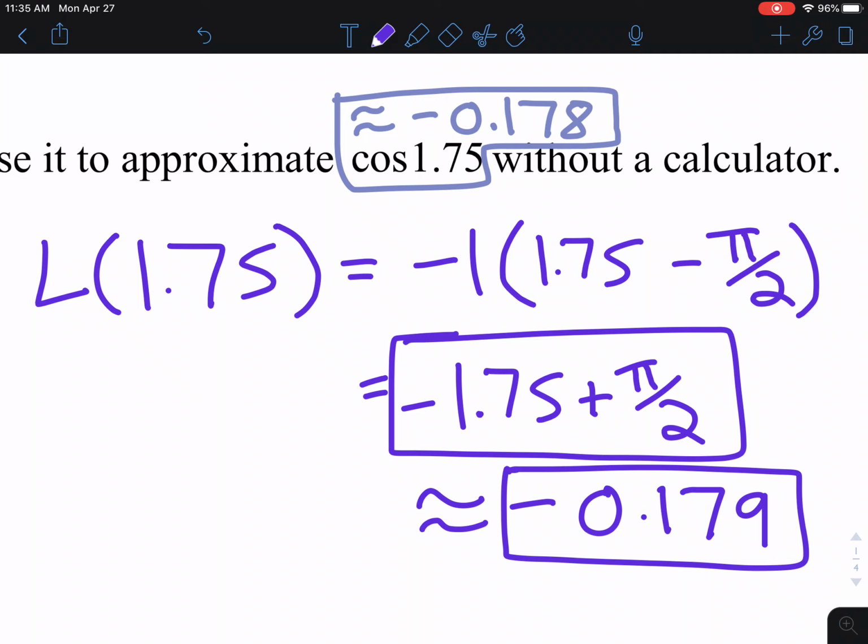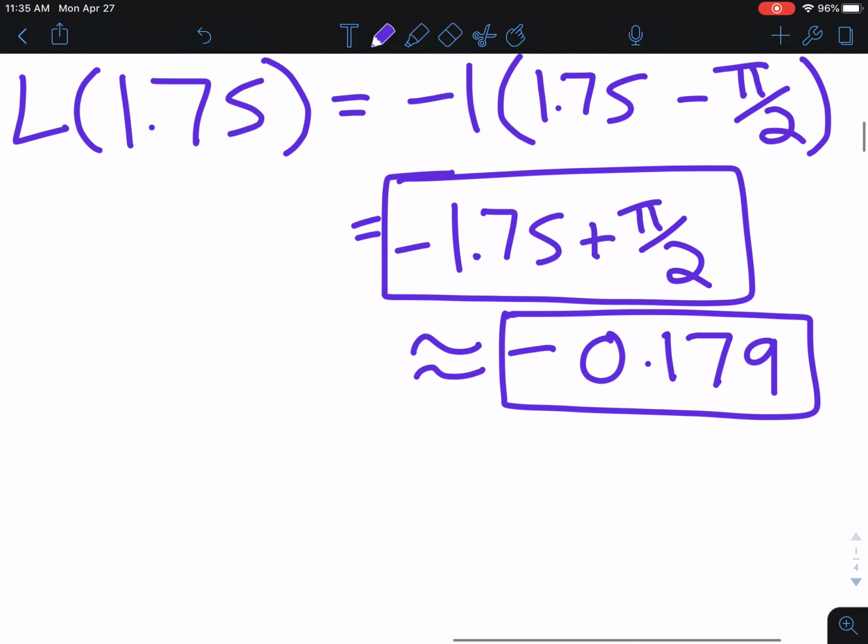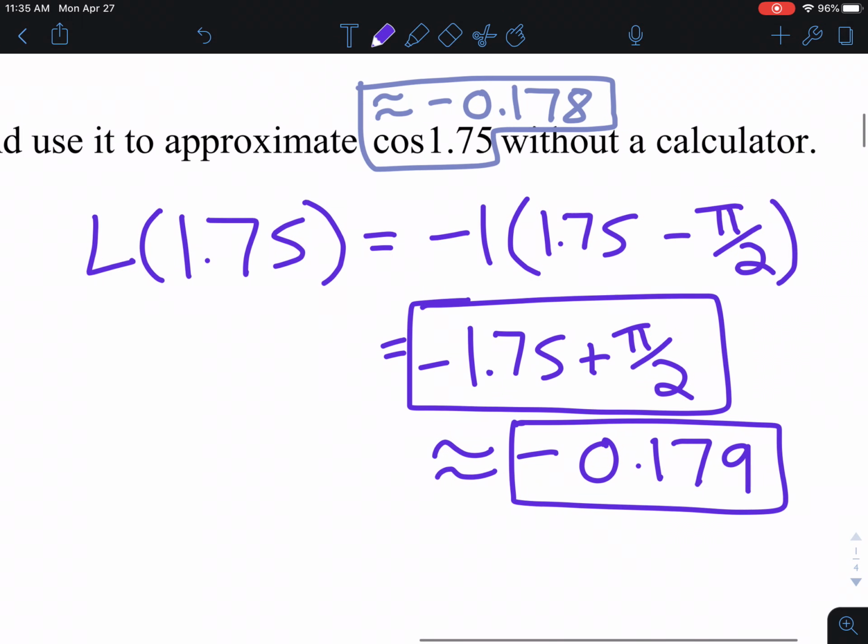And this approximation, again, this is my exact approximation, negative 1.75 plus pi over 2. This is all using skills that were available literally hundreds of years ago, right? We can come within 1/1000th of some kind of random irrational number.